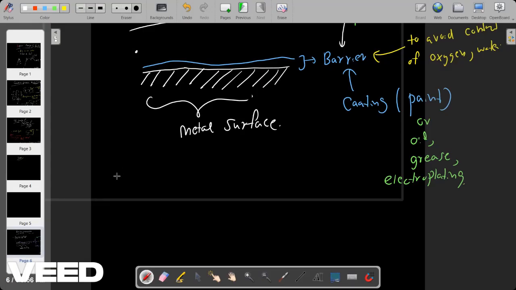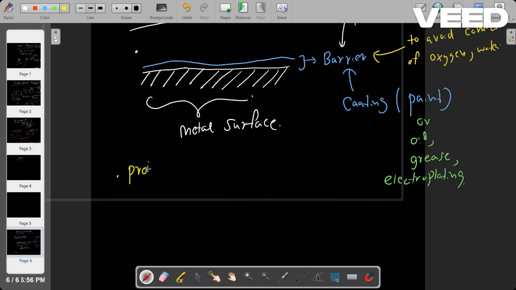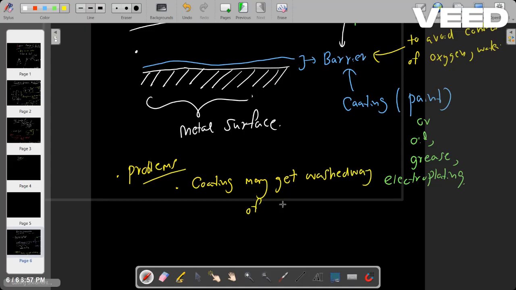But there are some issues here. What are the problems of the method? There are some problems in this method, right? The coating can get washed away or scratched.